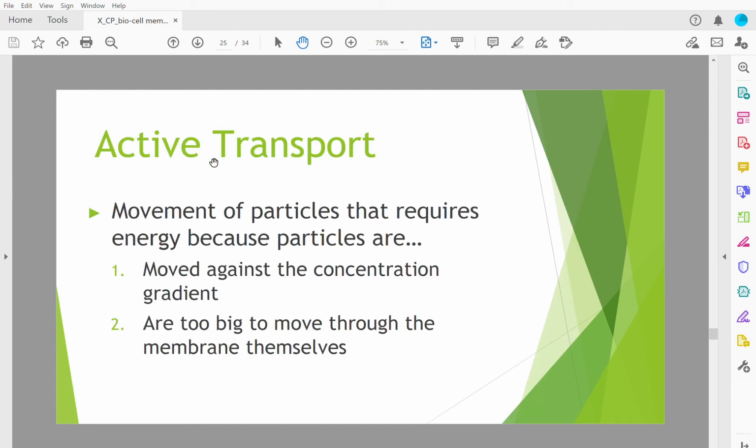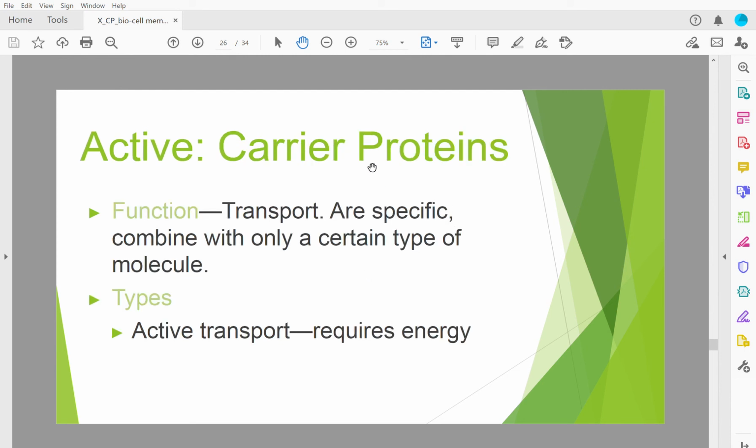Active transport is requiring energy. In active transport, you're going to see the molecules moving against the gradient, which means they're going to go from low to high, like swimming upstream backwards, right? These molecules are too big to move through the membrane by themselves, so they have to go through carrier proteins. These proteins are going to carry those large molecules across the membrane, which will require energy.